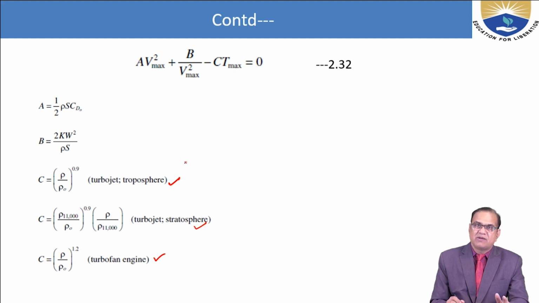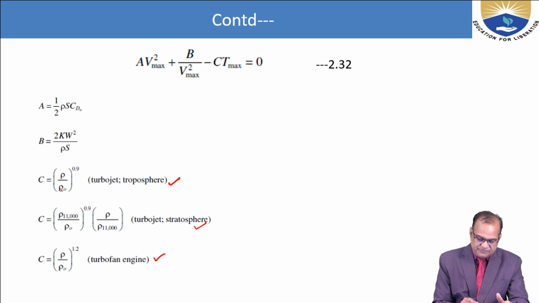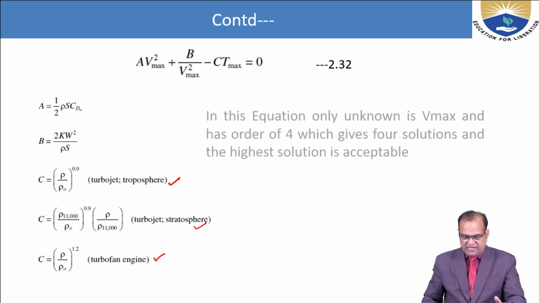These are some criteria for different types of aircraft, where C is a ratio of the density.